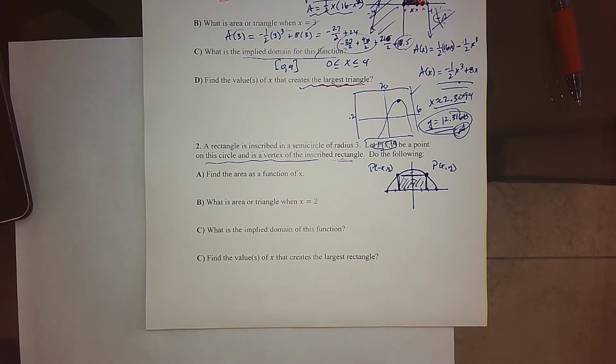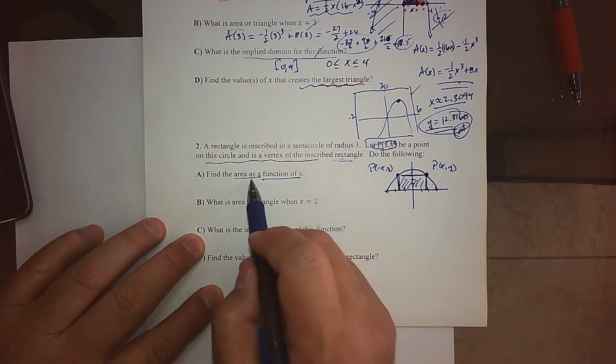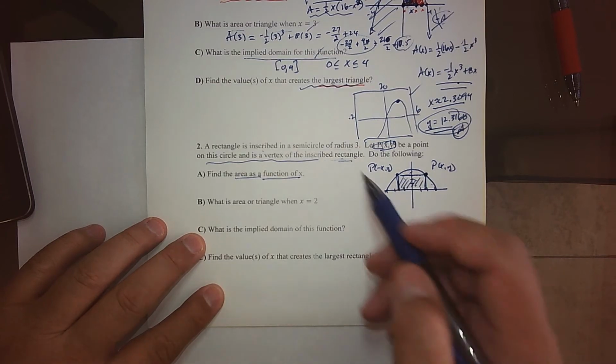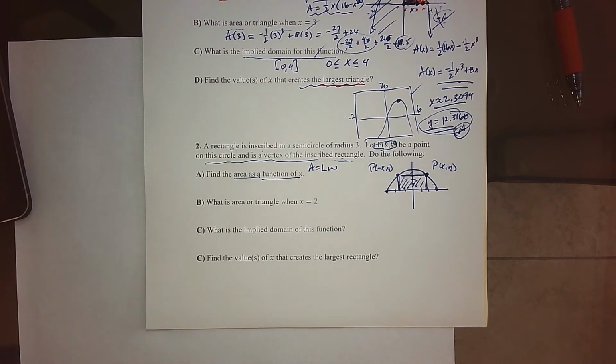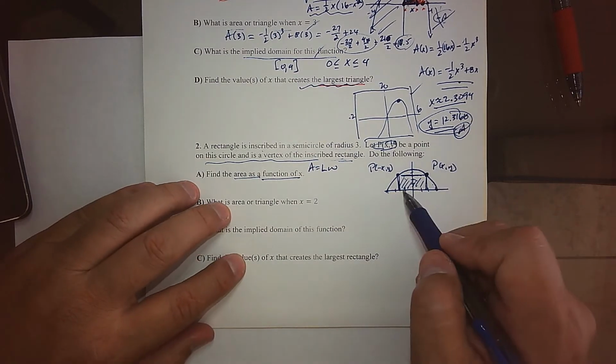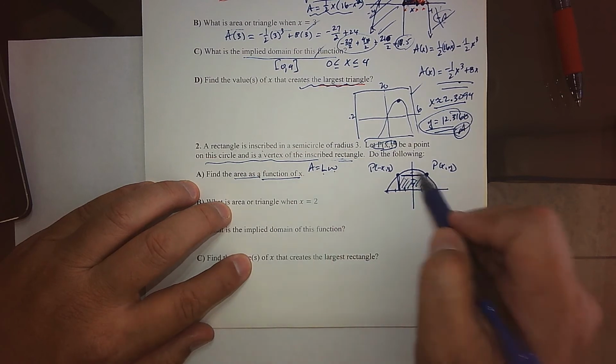And so what we want to do is find the area of the rectangle as a function of x. So what do we know about a rectangle? Well, all rectangles are length times width. Right? So there's our rectangle. And what is the length and the width in terms of this picture?